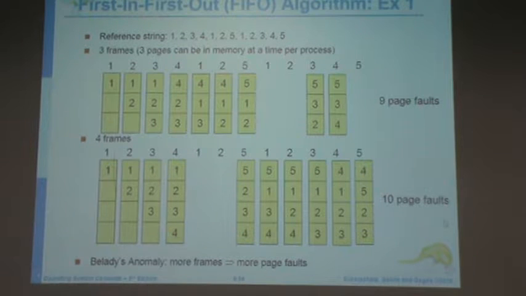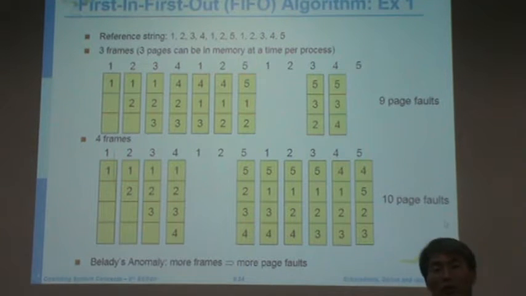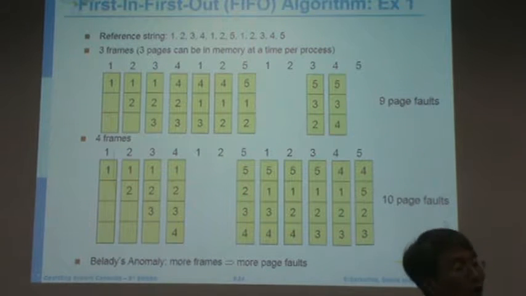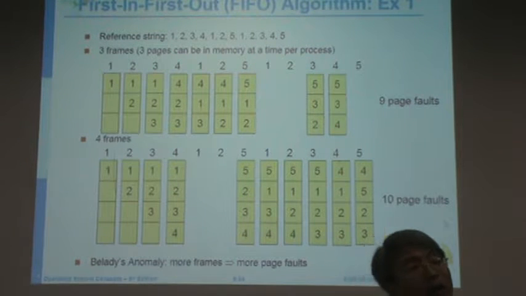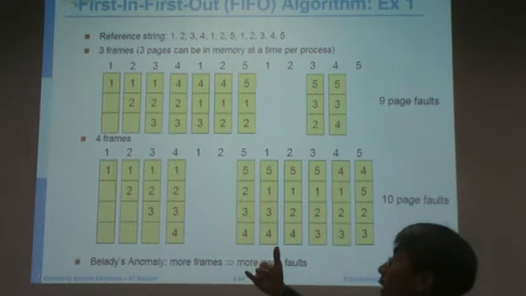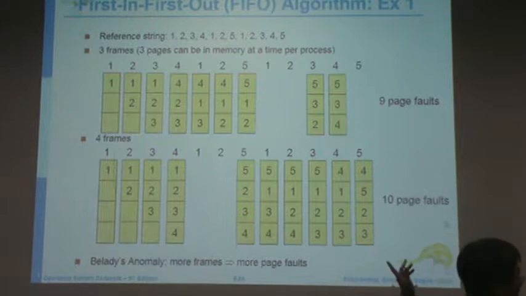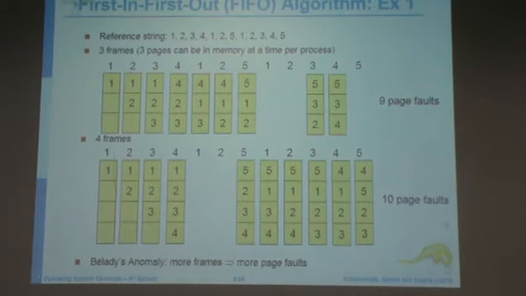Then, when we select the victim page, which means which page frame will be replaced by the incoming one, we can use the first in, first out algorithm. In this case, don't forget the first 1, 2, 3 also cause page faults. Why?